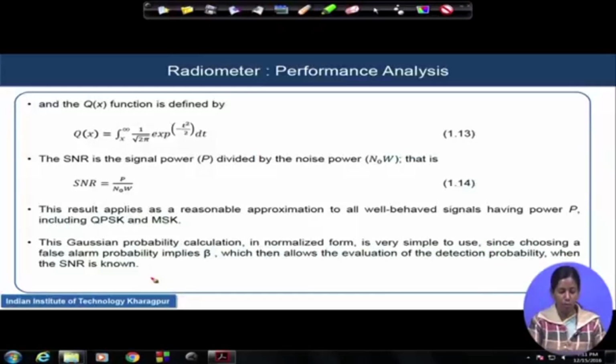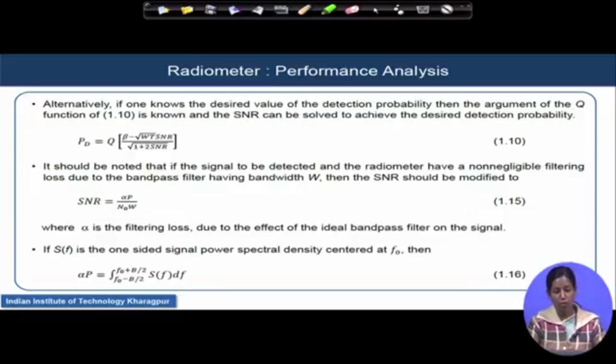So given my probability of false alarm and SNR, I get both beta as well as PD. So PD calculation can be done easily using the Gaussian assumption.